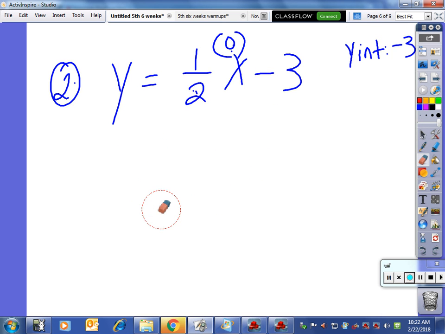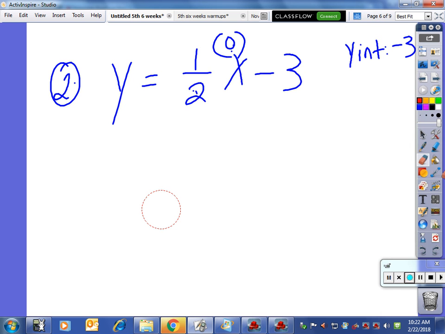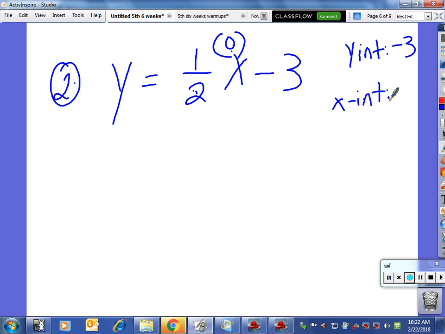If the y-intercept is a fraction, then it's just a fraction. Now, the x-intercept. Let's talk about how to do this mathematically, because I absolutely need for you to know how to do it mathematically. X-intercepts happen when the y value is a 0. And we've got a fraction in our equation. No problem. How can you get rid of that fraction?